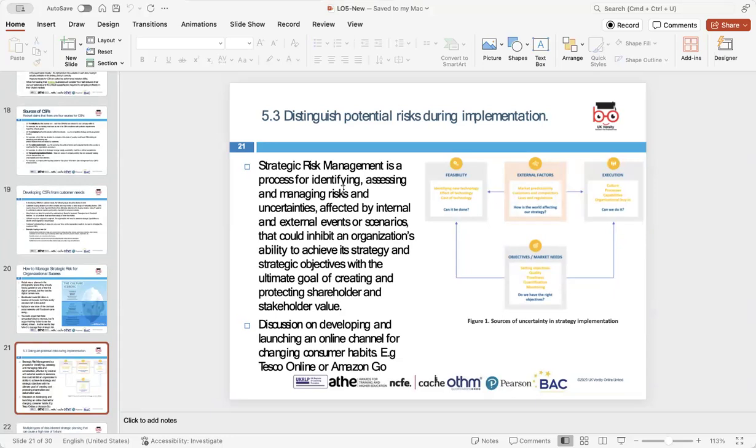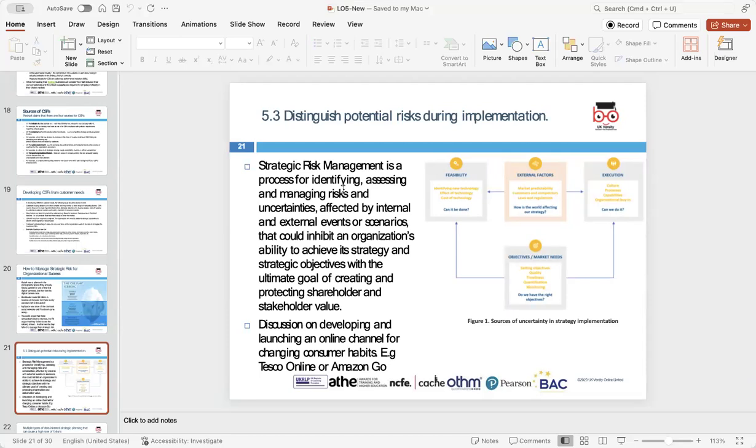Strategic risk management is a process used by organizations to identify, assess, and manage risks and uncertainties that may arise from internal or external events.